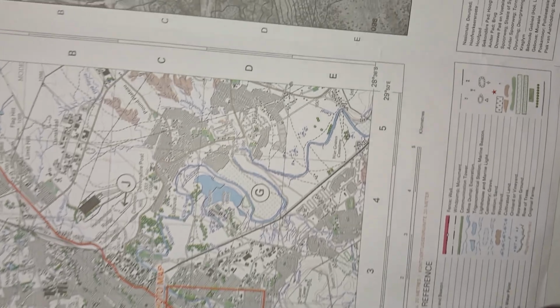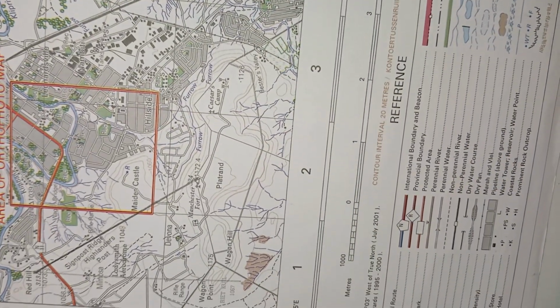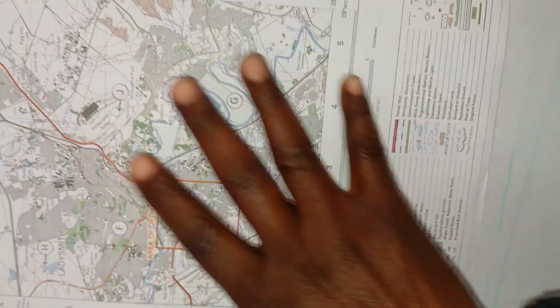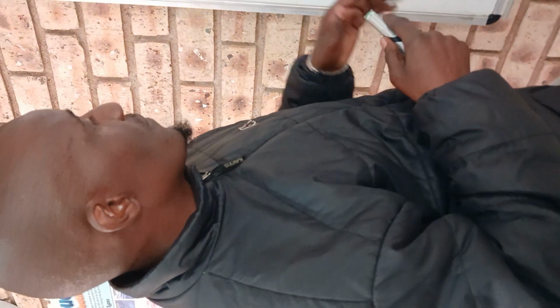But when you look at other rivers here, you can see their dotted lines. It means they are periodic rivers. So if you look on a map and you see we have got more non-perennial rivers, it tells you that maybe this area doesn't receive a lot of rainfall. This can also be supported by the number of dams, water tanks and reservoirs that you have.